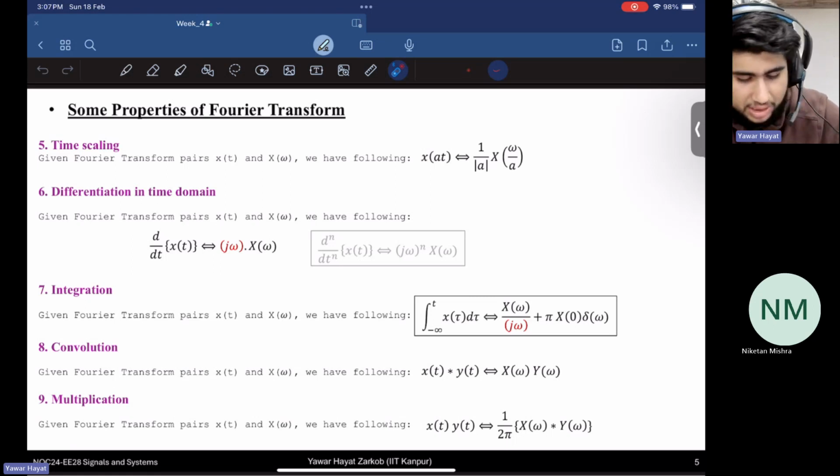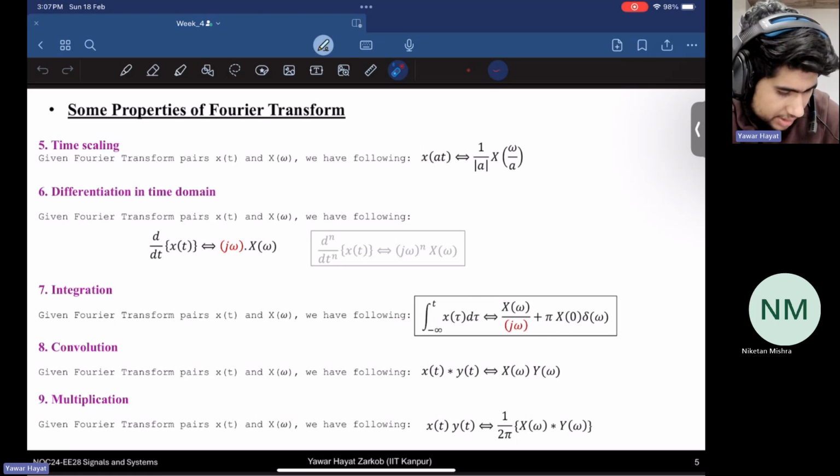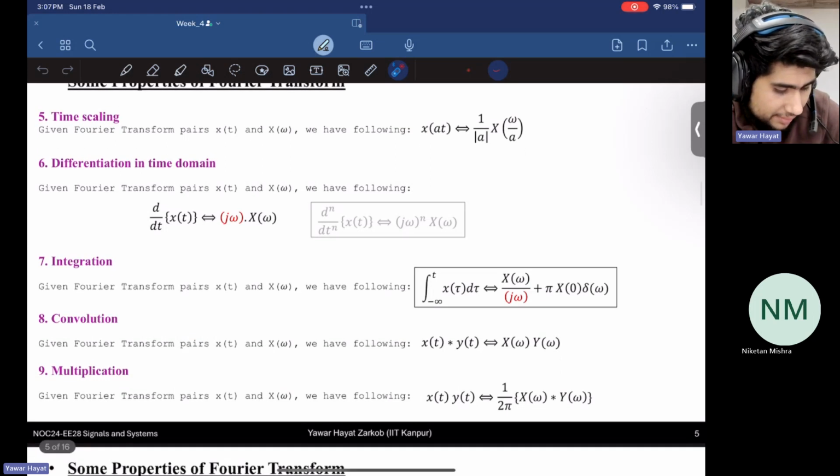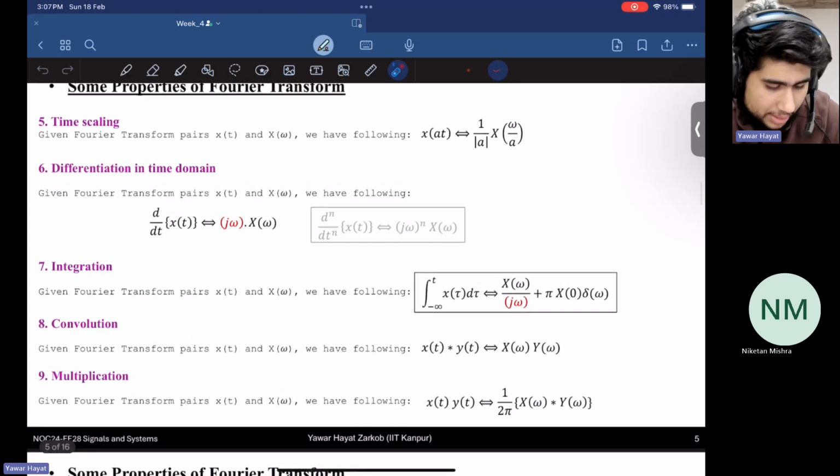I will not be discussing the proof because I'm sure you would already have gone through the proofs, but in case you have any doubt, you can ask in this session and I'll address that. Then we have this differentiation in time domain.